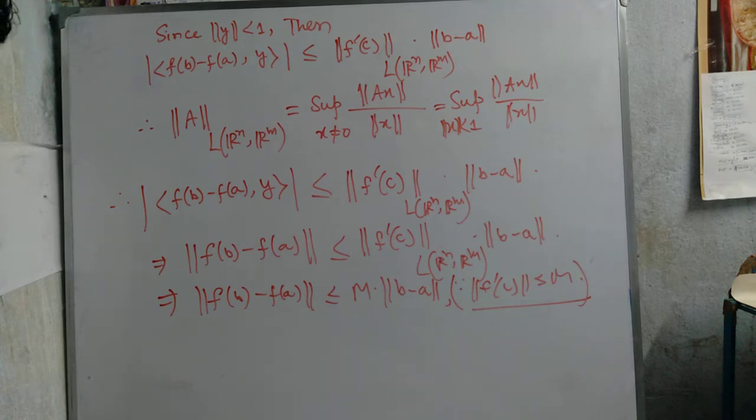If it is an open convex set in Rn then it is also valid, otherwise in a closed interval subset of the interior of C this MVT is valid. This MVT is represented in inner product, and here MVT is represented by the norm. Okay, so we also discussed today the MVT portion.